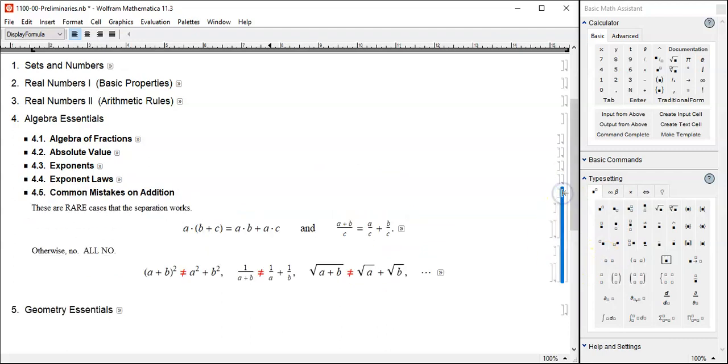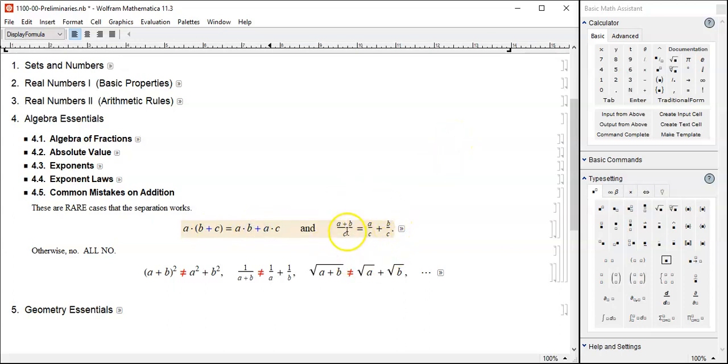Now, one final comment. Common mistakes on addition. You see, the first line here, the distributive law, that is one of the rare cases that works. So here, a times b plus c, I can separate. And that comes from the distributive law.